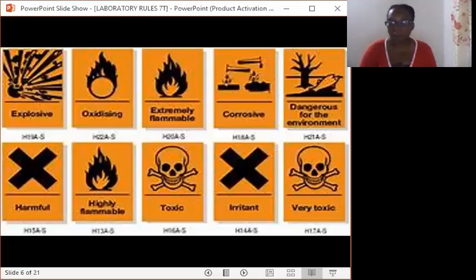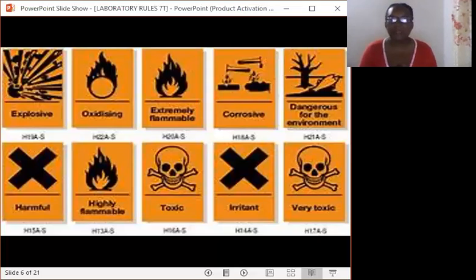So let's go. So as you can see, we have 10 symbols here. And it is really important for students, especially grade 7, who are just starting to develop an understanding of what a science lab is, and they are just starting to know what they do in a science lab.